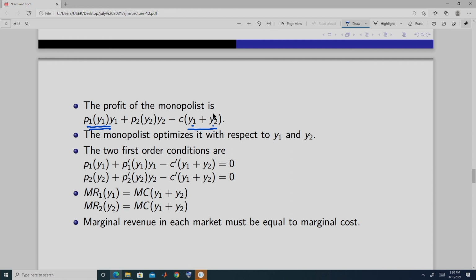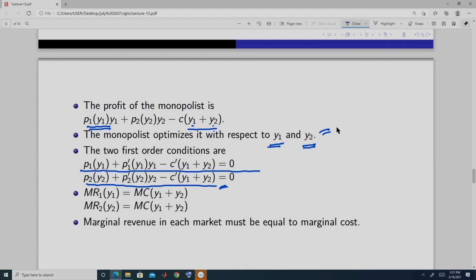Now, the monopolist is going to maximize this profit with respect to Y1 and with respect to Y2, because these two are for two types of market, for consumer type 1 and for consumer type 2. Since all of these are differentiable, we take the derivative, and the first order condition when we optimize with respect to Y1 is this. This is marginal revenue and this is the marginal cost, and this is the first order condition when we optimize with respect to Y2.